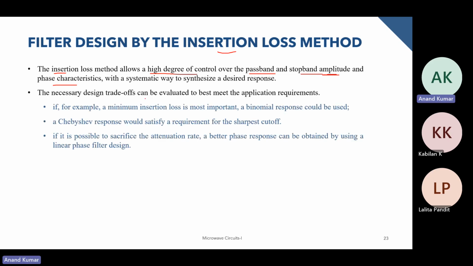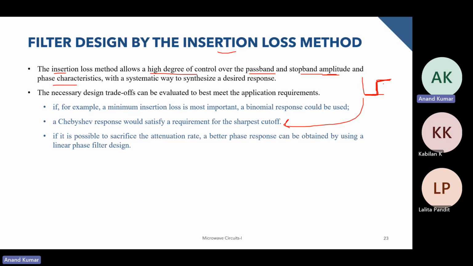If you're working on a certain filter and you are more focused on the filter having very good pass band and stop band characteristics, where the amplitude of the signal you're receiving should be very good in the pass band and very low in the stop band, then you can go for a Chebyshev filter, which has a very sharp cutoff over here.